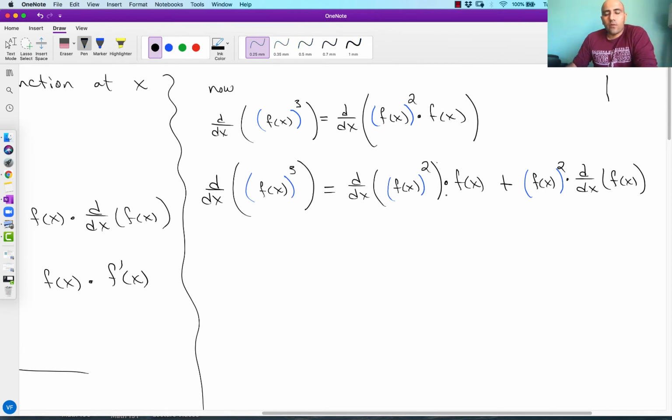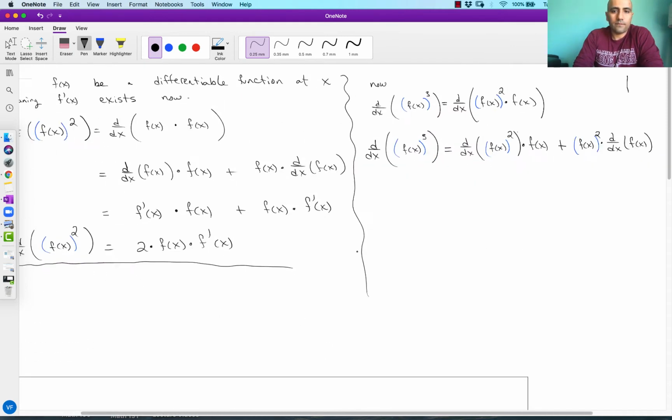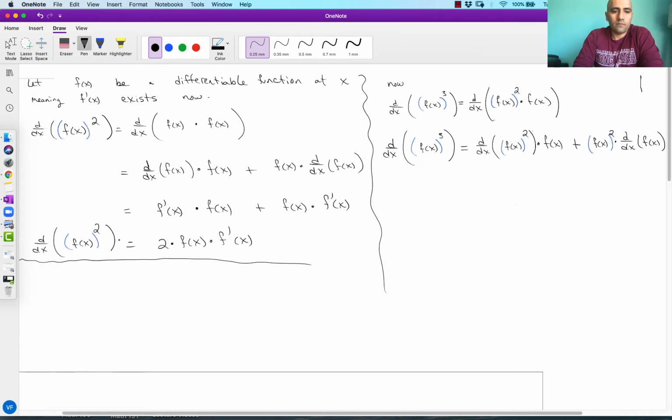Okay. All right, well, what's the derivative of this? Well, that's easy. We already found it. That was the answer we got over here. The derivative with respect to x of f of x squared was equal to this whole thing. This is the answer to this. So I'm going to put it right here.